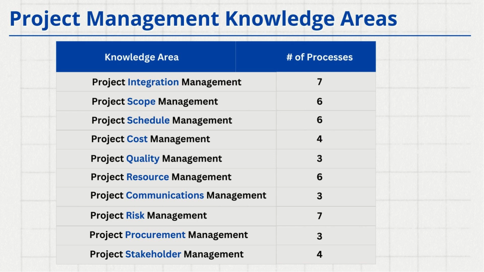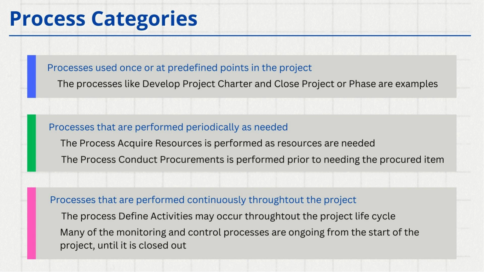This training is organized by knowledge areas, so each and every module in this training is based on the knowledge areas. We'll be starting, for example, with a module on integration management. Then we'll move on to scope management, and likewise, there are various modules based on the knowledge areas.